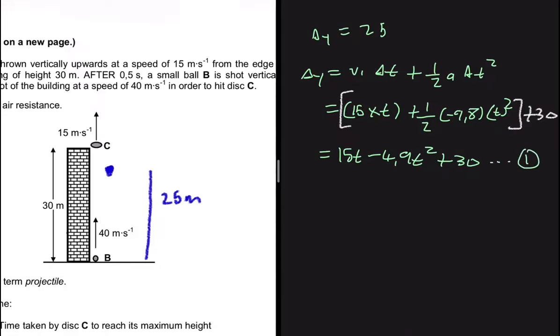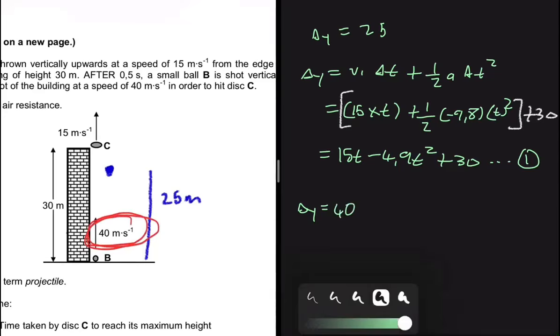So for ball B, we're going to have delta y, and let's not copy down the formula again. What is VI for ball B? That is 40, right? It is given to us right here as 40 meters per second upwards. And then delta T, instead of just putting T, our question says that ball B was only projected 0.5 seconds later after ball C was projected, right?